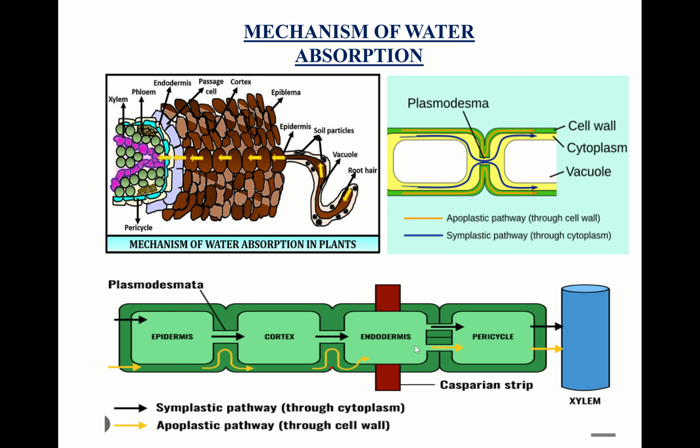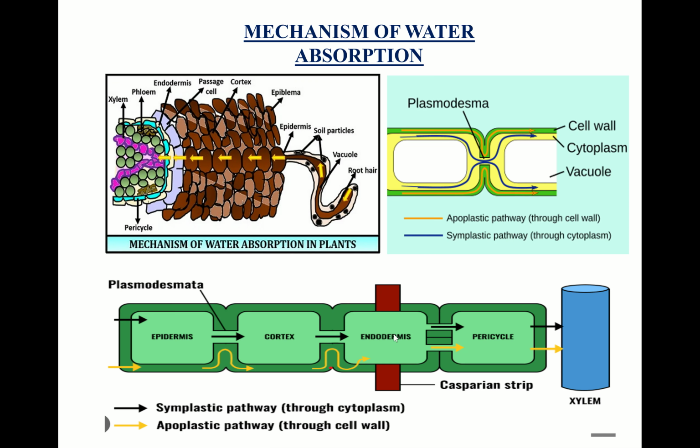So what do you think? What is this region? It is this red color strip you can see here. In roots, the epidermis is the outermost layer, and next to the epidermis there is a region of cortex, and inner to the cortex there is an endodermis layer.